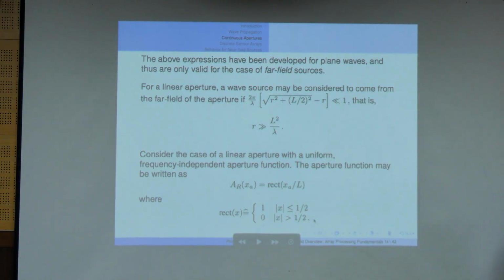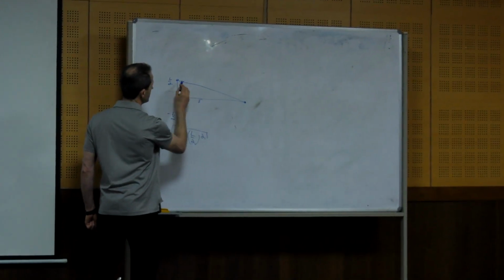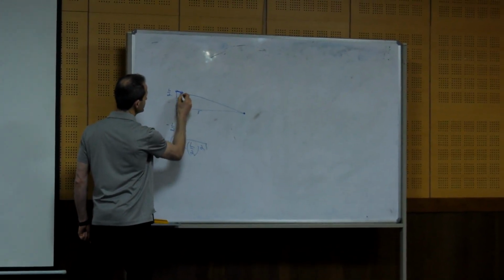What we measure actually is the phase difference between the signal that hits this point and the wave that hits this point. So you see, if we take the square root of R squared plus (L divided by 2) squared, this is the length of this, minus R. So it will give us this difference.